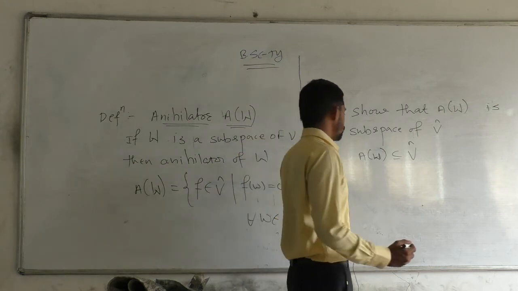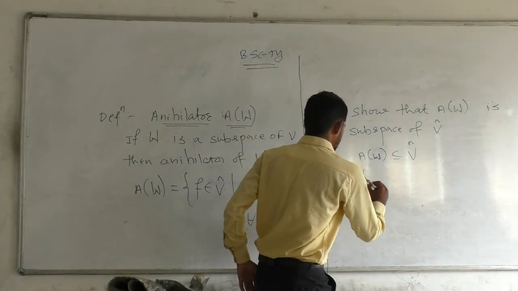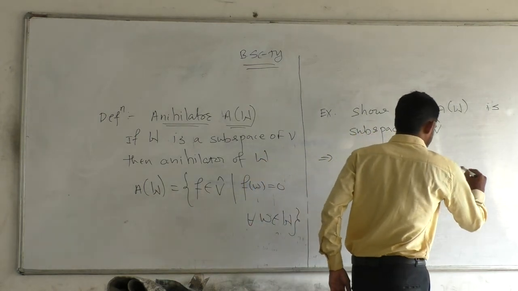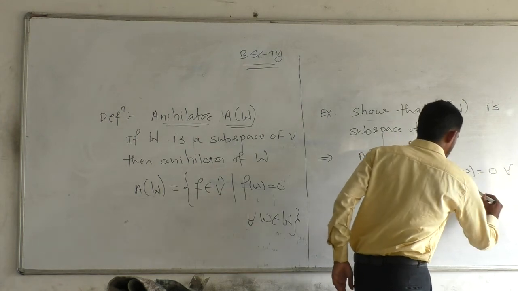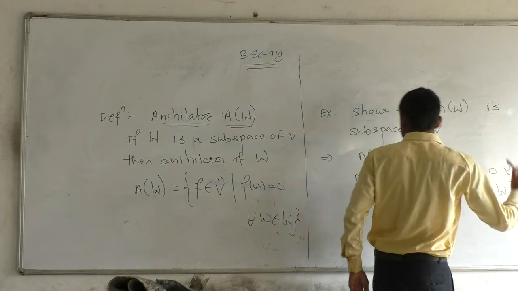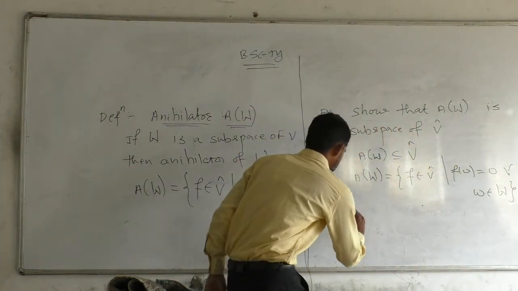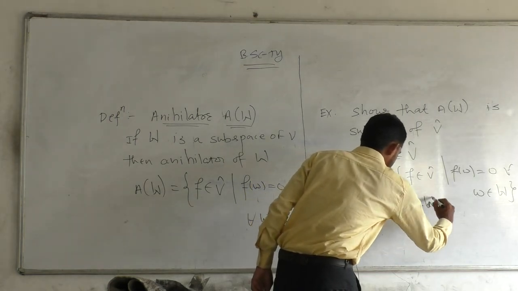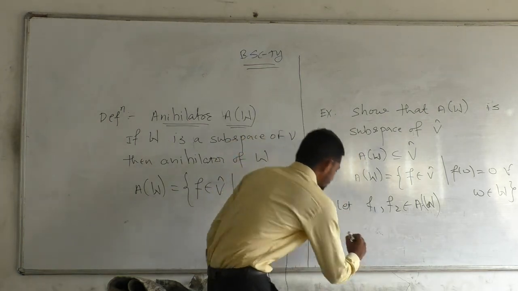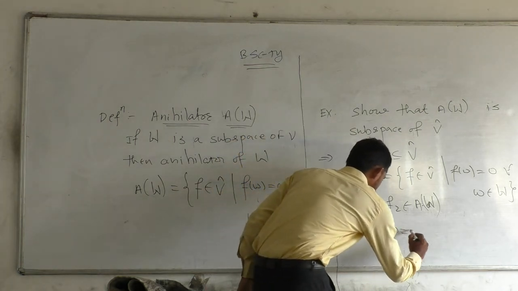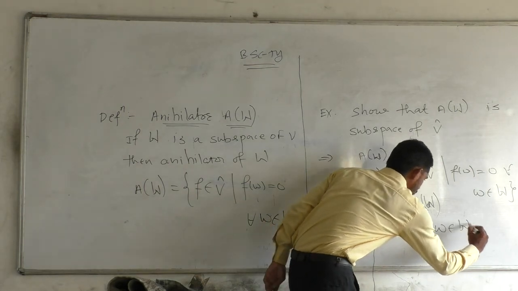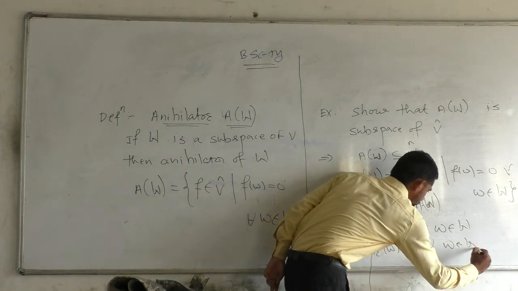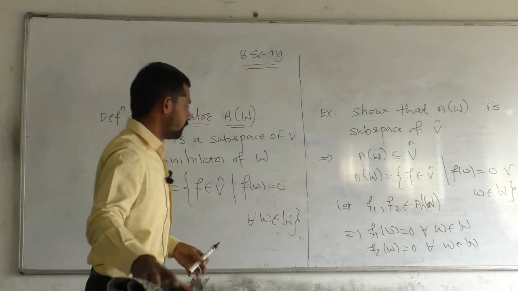Now take any two elements of A of W. A of W means f belongs to V dual such that f of w equal to 0 for all w belongs to the subspace W. Now let f1, f2 belong to the annihilator of W. This implies f1 of w equal to 0 for all w belongs to W, and f2 of w equal to 0 for all w belongs to W, because they belong to A of W.